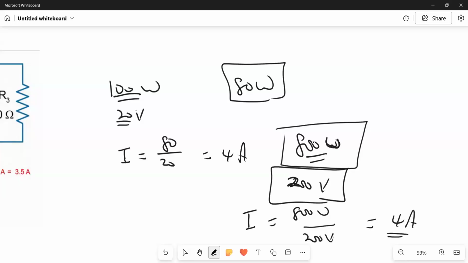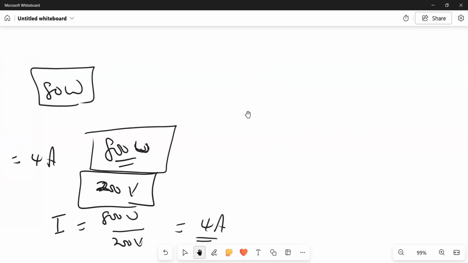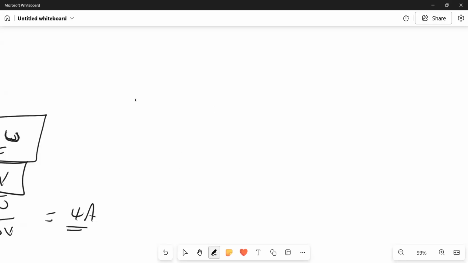However, if you were to put them in parallel, something else happens. This is going to produce 80 watts times 10, which is 800 watts.